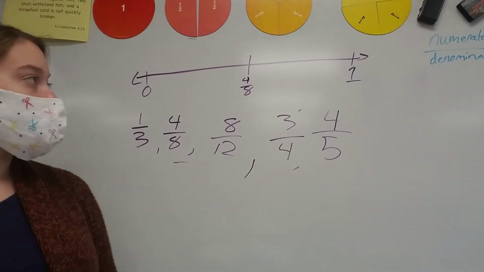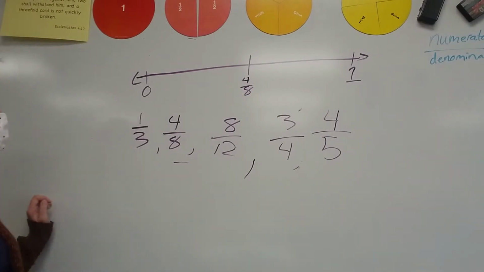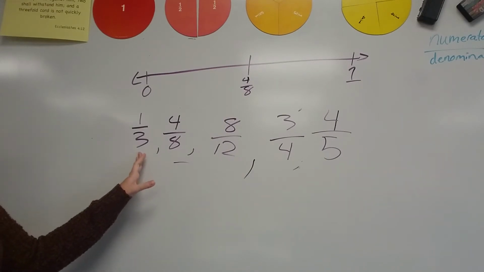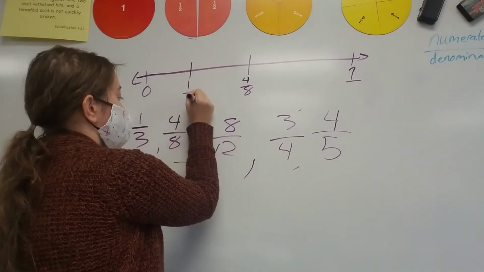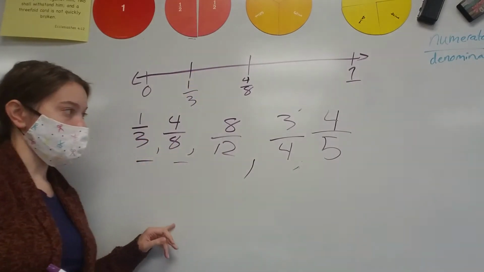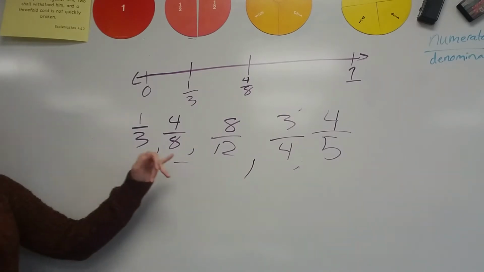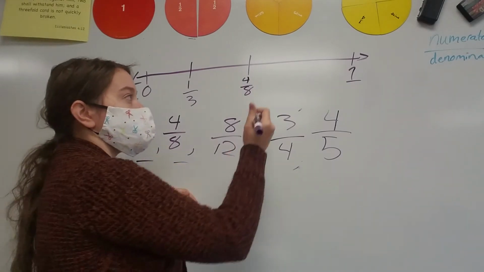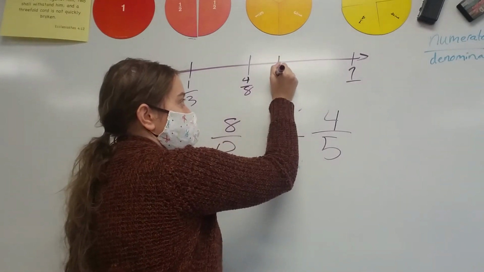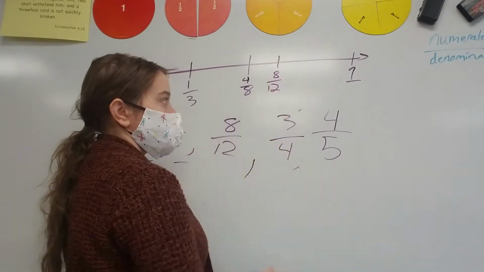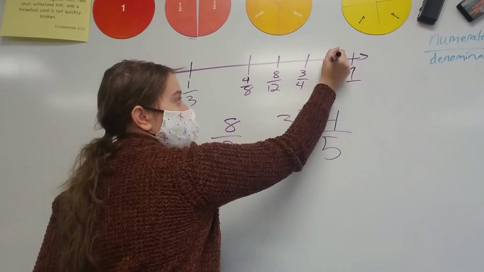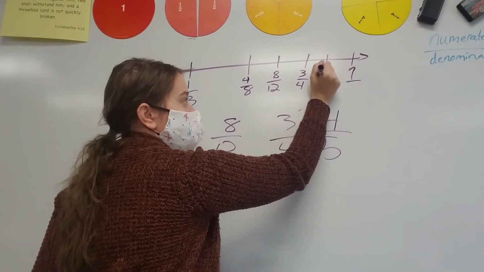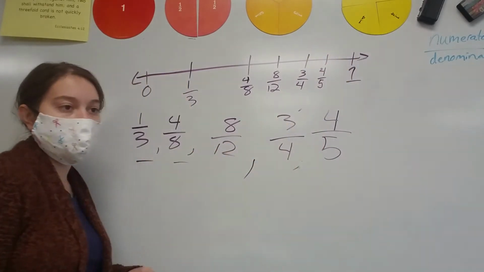Then, we said that 1/3 was less than half, right? So I'm just going to put 1/3 about here. We said 8/12 was just a couple over a half, right? And then we said 3/4, and then closer to a whole was 4/5, right?